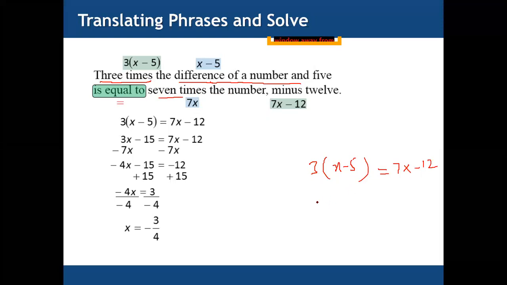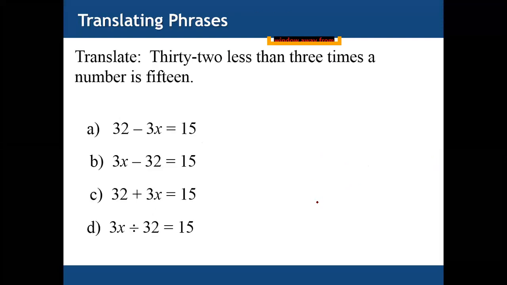So let's discuss solving equations. Who will tell me which option is correct? 32 less than 3 times a number is 15. B, think about it.